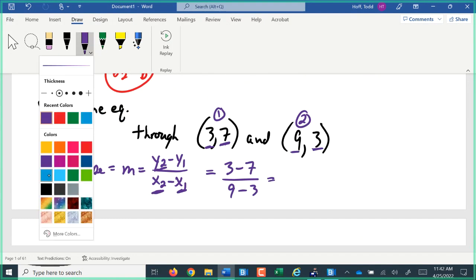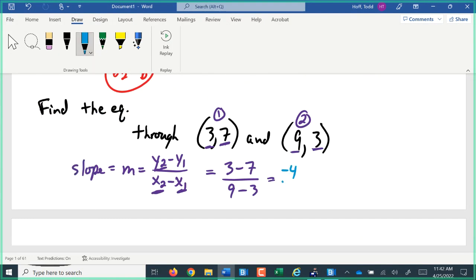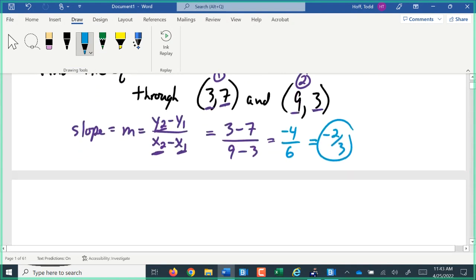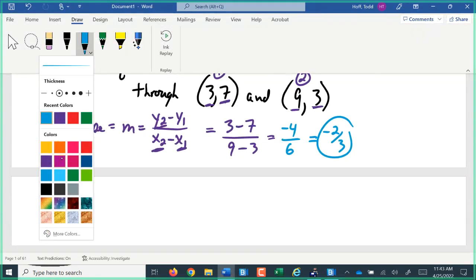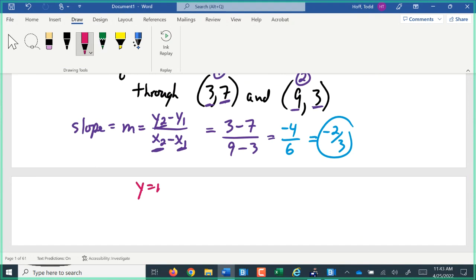And then we subtract. 3 minus 7 is a negative 4. 9 minus 3 is 6. Negative 4/6 reduces to a negative 2/3. So that is our slope. So now we can plug that into our equation. y equals mx plus b. We know that m, the slope, is negative 2/3.